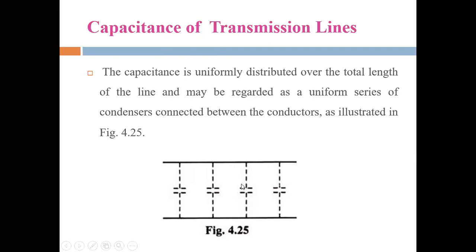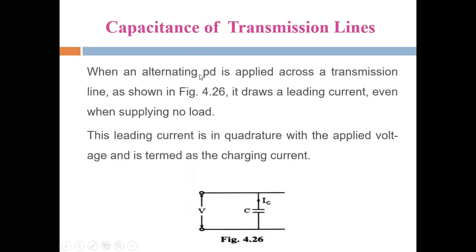Next, when an alternating potential difference is applied across a transmission line, that is, when we apply some voltage V to this capacitor, it draws a leading current even when it supplies no load.